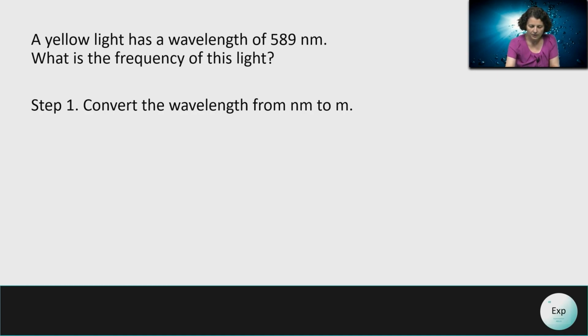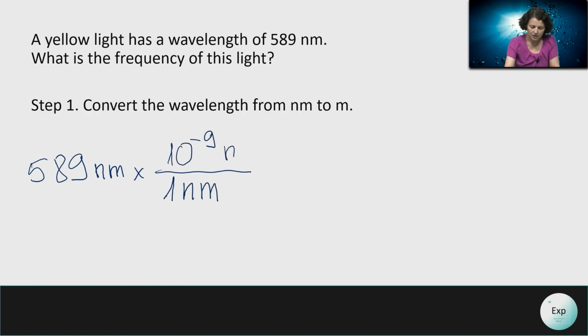So we begin with a simple prefix conversion. We have 589 nanometers. We're going to multiply this by a fraction, the bottom of which will have 1 nanometer, and the top will have 10 to the negative 9 meters. The answer will be 5.89 times 10 to the negative 7th meters.